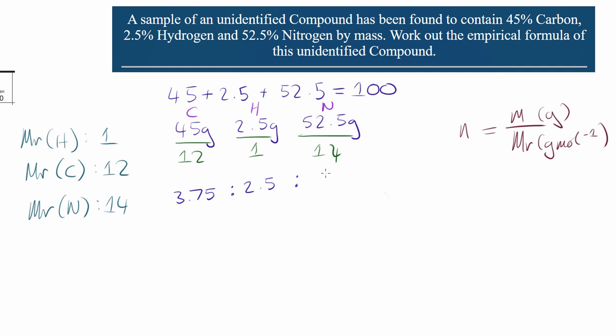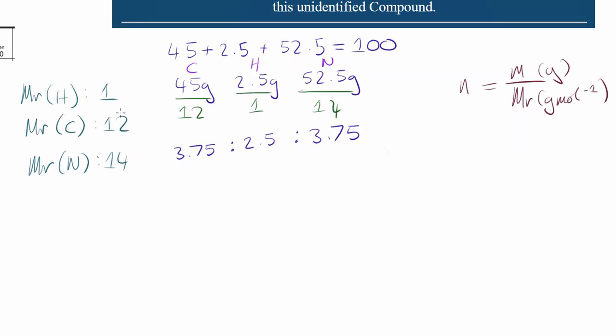And for nitrogen, 52.5 over 14 gives you 3.75. So we can already infer that the number of carbon and nitrogen atoms in the empirical formula would be the same as each other. But at this stage, we still don't have whole number ratios.